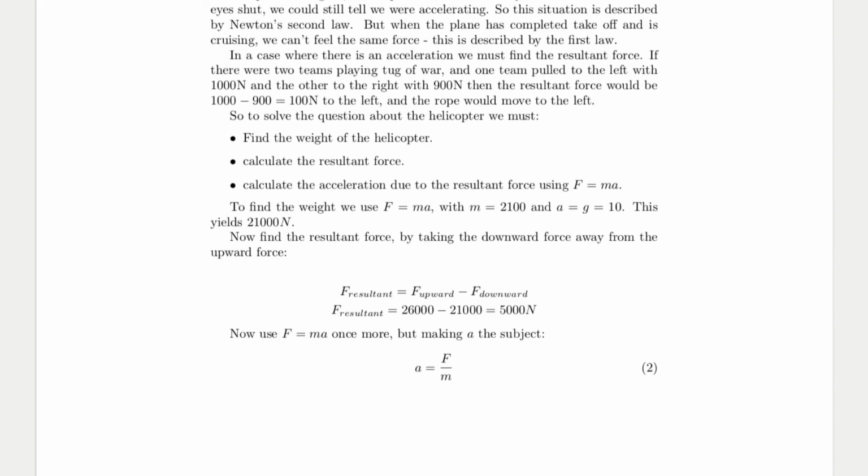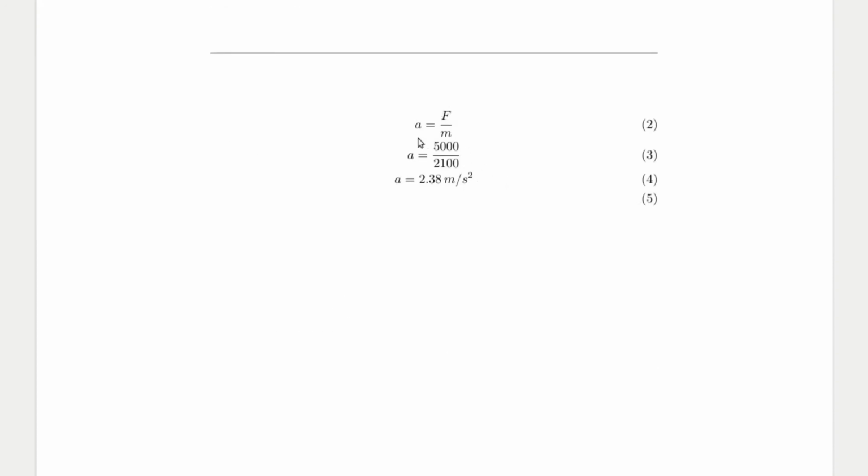And I will substitute in these values. When we put in the 5,000 for the force, which was the resultant force we found, divided by the mass of the helicopter, which is 2,100 kilograms, we find an acceleration of 2.38 meters per second squared.